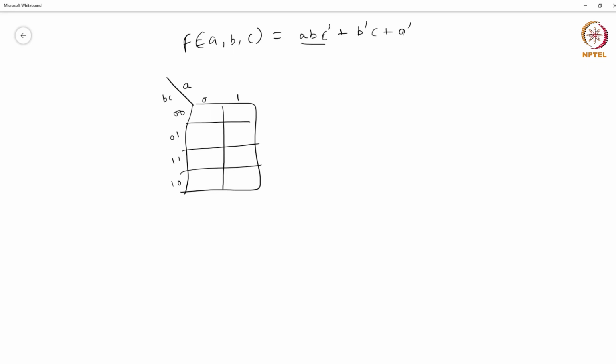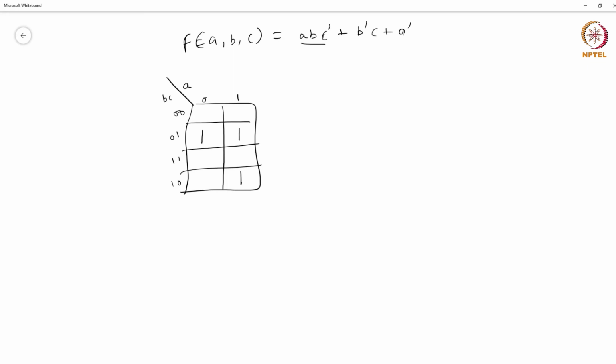So this a b c dash will be a is 1, b is 1, and c is 0. So this is that particular min term. Here this is b dash c: b is 0 and c is 1, but there is no a, so it has to be this as well as this.